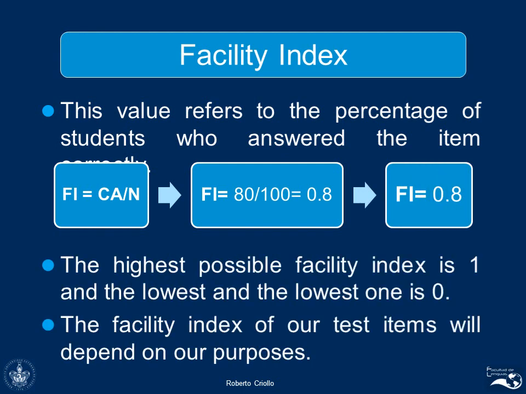Given this, if you see, this is like a percentage of the number of people who answer a given item correctly. So then the highest possible facility index is 1. That happens when everybody answers the item correctly. And on the other hand, the lowest possible value is 0. That means that nobody answers an item correctly. So the facility index of our test items will depend on our purposes.